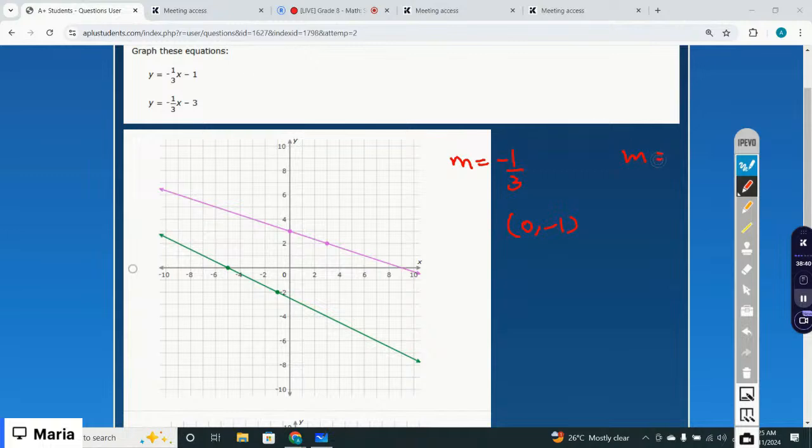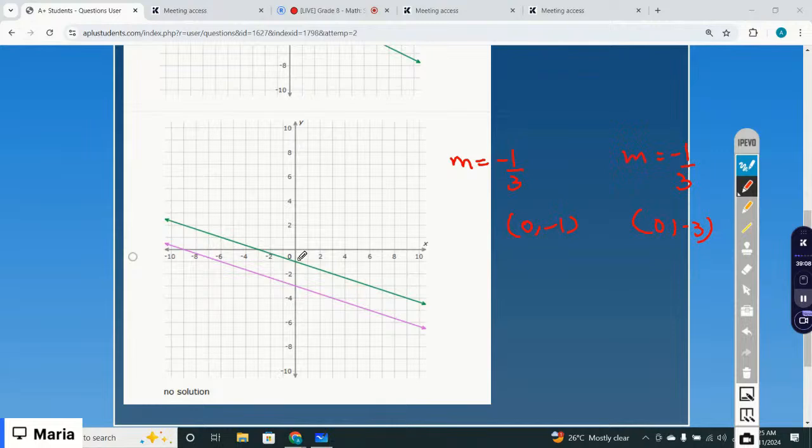For the second equation, the slope is negative 1 over 3 and the y-intercept is 0, negative 3, right? So that is not the correct option, because you don't have the y-intercept at negative 1 and negative 3. Just look at the second equation.